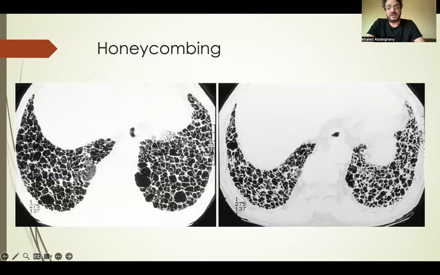The last mimicker is honeycombing, and if you have a chance to listen to any of my lectures about fibrosis, you will find the differentiation is easy. These are truly cystic changes. They are thick-walled clusters of cysts. They are stacked together along the costal margin. But here in the lung bases, you see them very extensive, and they are a sign of fibrosis.